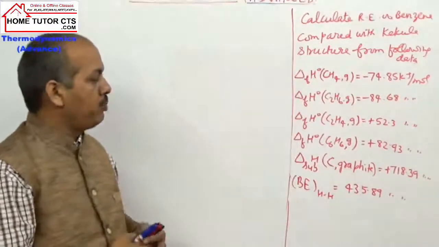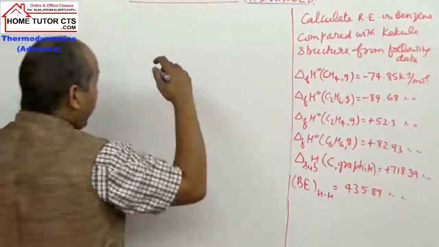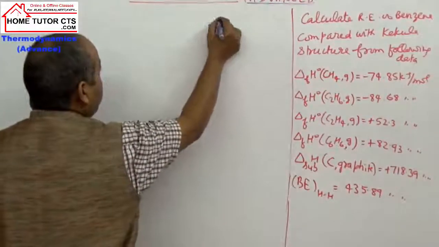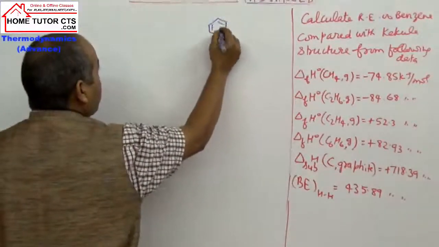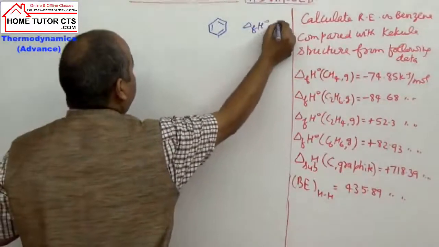Now let us come to the solution part. To solve this question, I write the formation of benzene, Kekulé structure. What is delta H naught formation, theoretical?